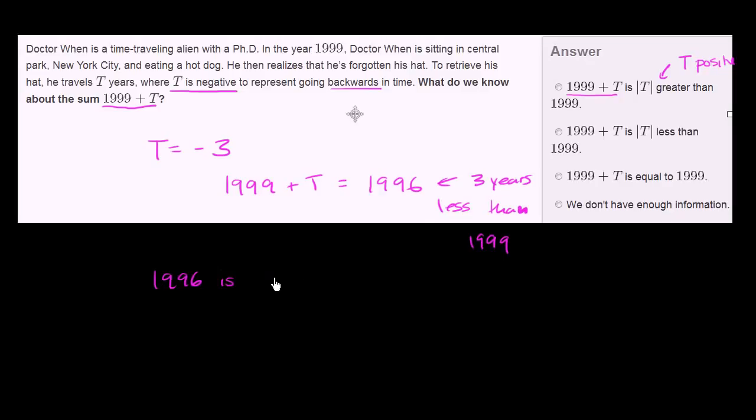Instead of saying 3 years less than, it's the absolute value of negative 3 years less than 1999. So this one works out. 1999 plus t is going to be less than 1999 by the absolute magnitude of that negative number t. So we could go with this right over here.